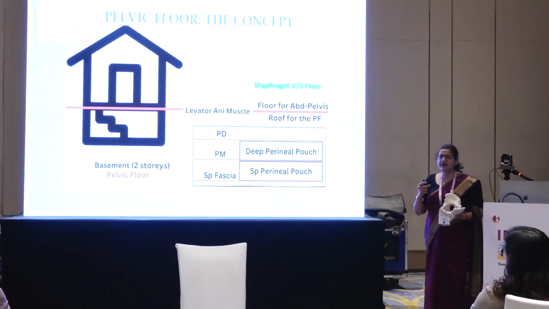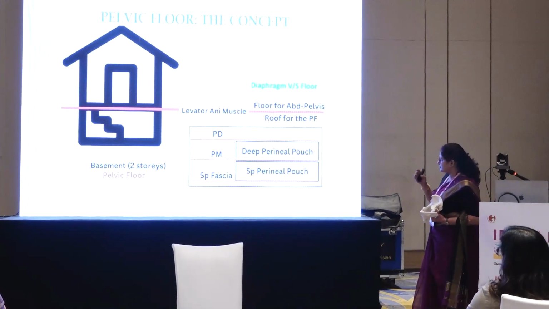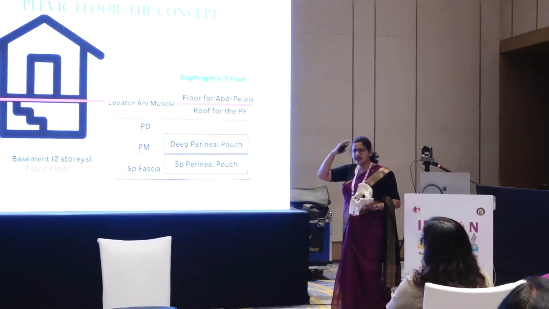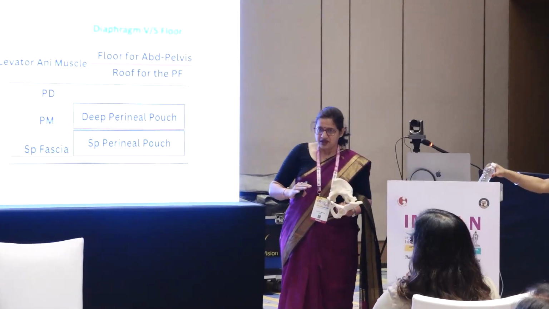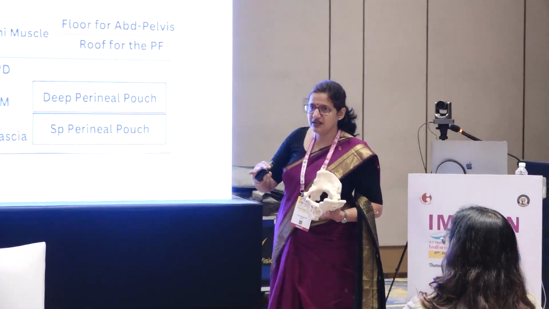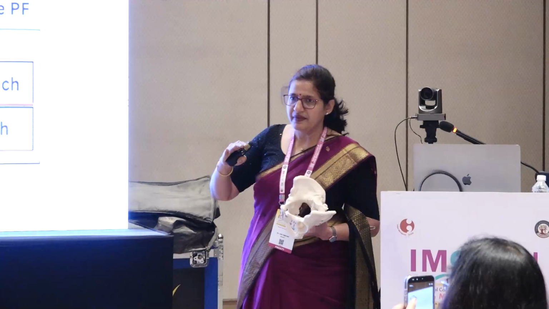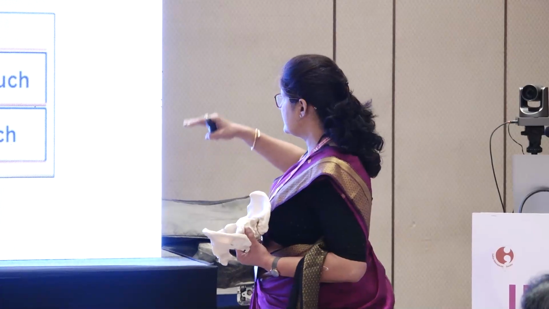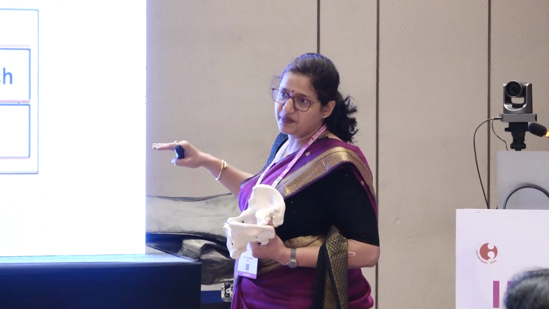So always remember, suppose the pelvic floor is like a multi-story building with a ground floor and a basement. The ground floor is the pelvic muscles, that is the pelvic diaphragm, and the basement is basically the perineum. So the levator ani forms the roof of the basement, and there are two floors in the basement, that is the deep perineal pouch and the superficial perineal pouch.